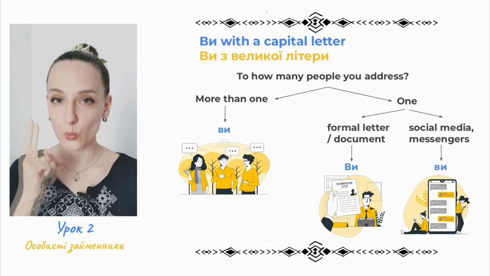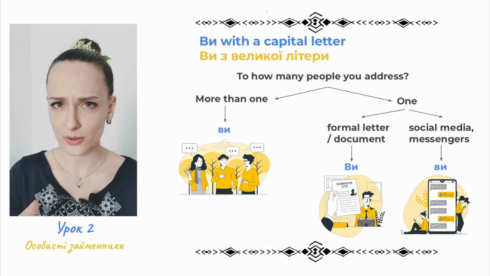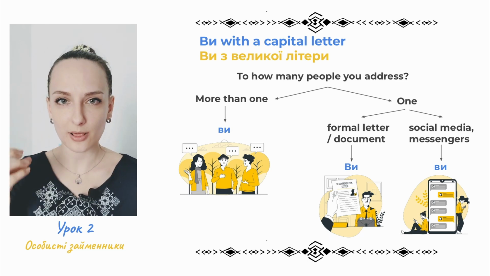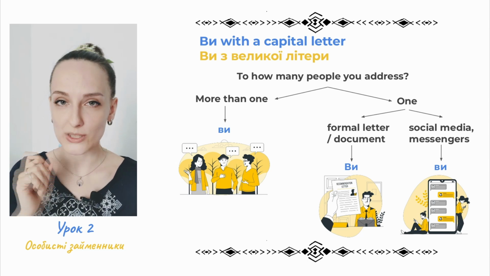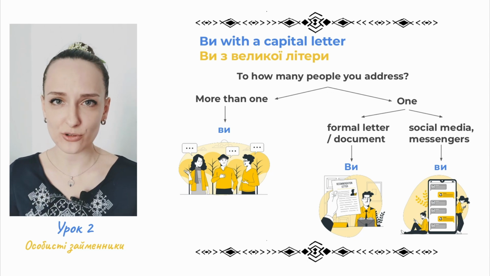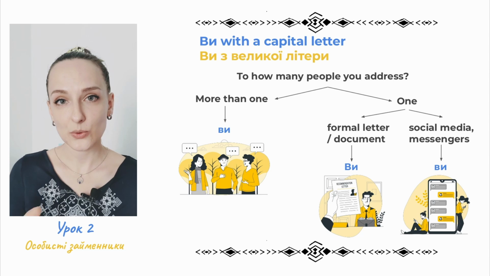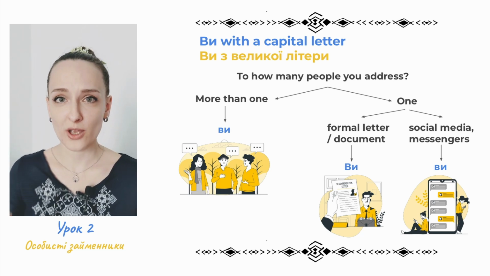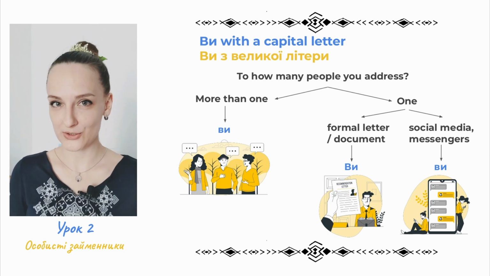If you're addressing one person, and it is formal communication, I mean formal documents, formal letters, then you have to use Ви with capital letter. But if it is just some messenger, social media or whatever kind of this, then it will be with a small letter. Actually, the usage of a capital letter for ви is reducing nowadays.